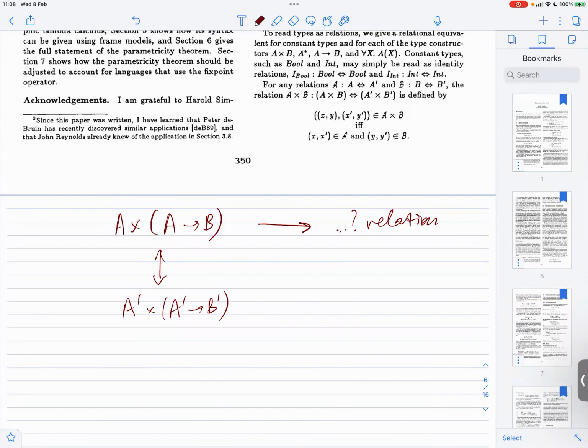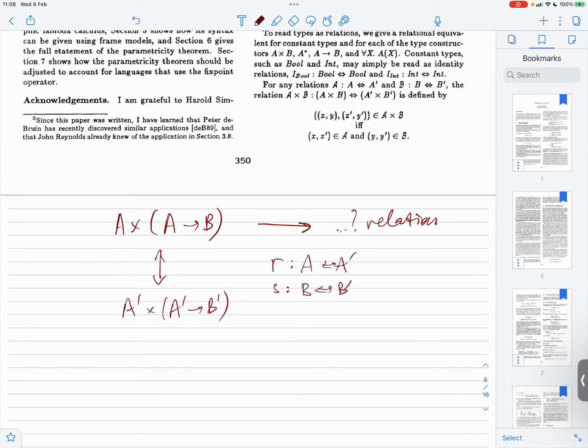So for each type parameter in the initial type expression, I need to introduce a pair of types which are going to be related. And then I need to introduce a relation between A and A prime. I need to introduce another relation between B and B prime.